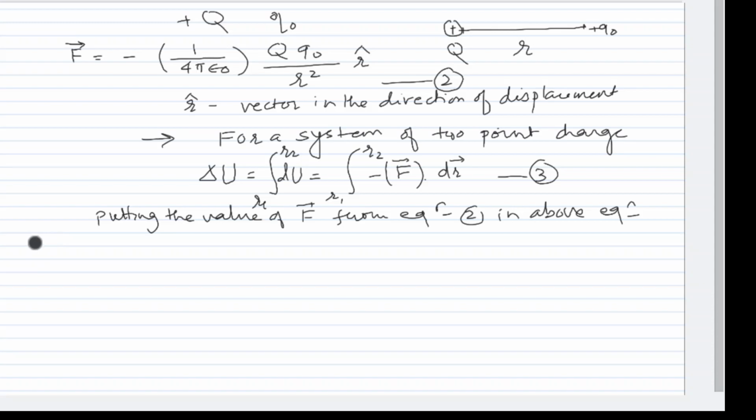We are writing this equation 3 as delta U, that is equal to, now we'll write the integration from r1 to r2.